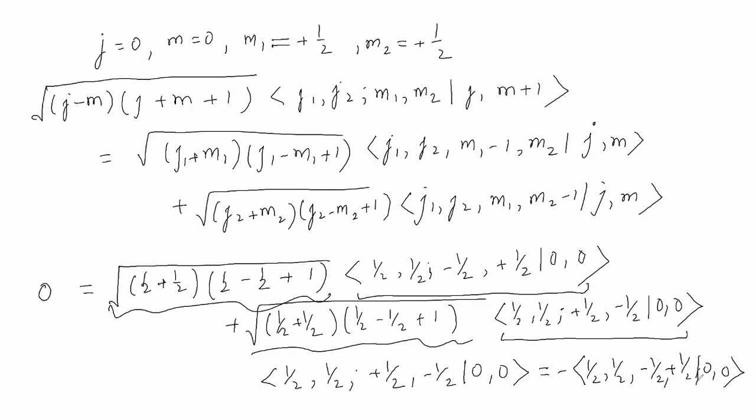Now, one important property which I wrote last time, the sum over M1, M2 of the Jm square. How much was this? 1. Okay.